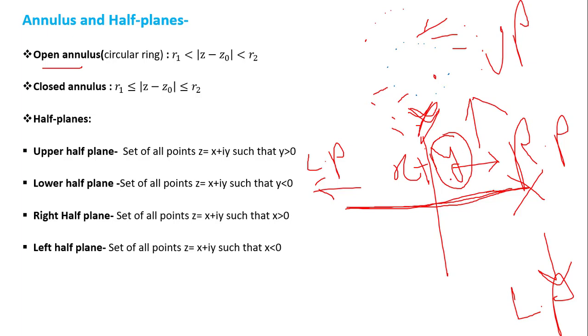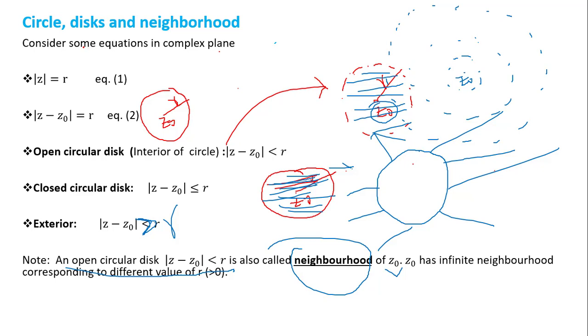Y always will be positive. So if y is greater than 0 for all z, then that is the upper part. If y is less than 0, then lower part. If x is greater than 0, then right part. If x is less than 0, then left part. So I hope this is clear now.